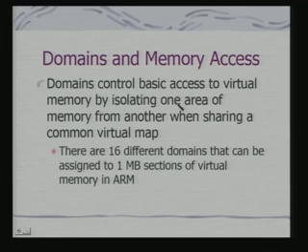So, domains control access to virtual memory by isolating one area of memory from another when sharing a common virtual map. In fact, there are 16 different domains that can be assigned to 1 MB sections of virtual memory in ARM. So, these are the different kinds of protection scenarios which can be implemented by the OS on the virtual memory.